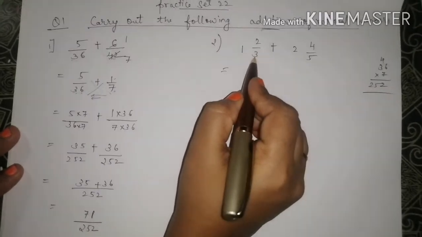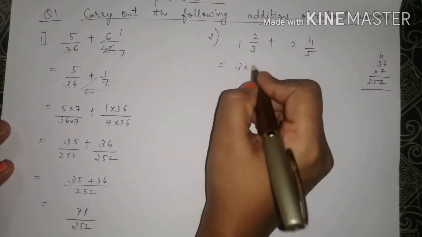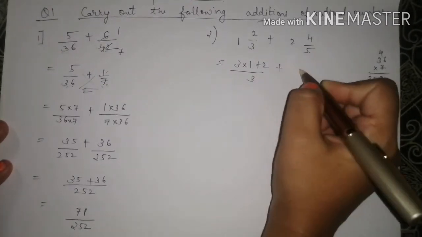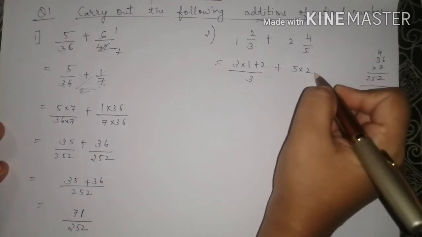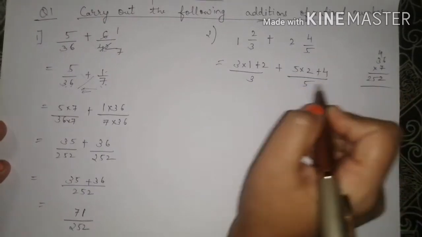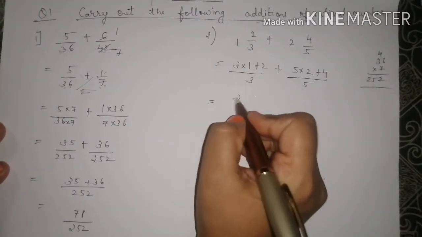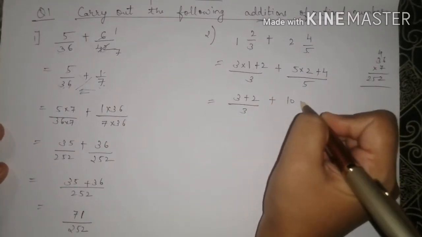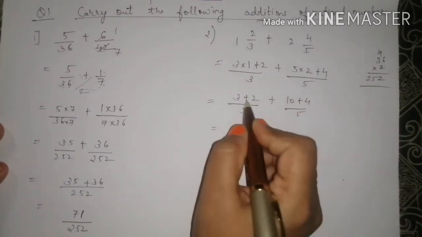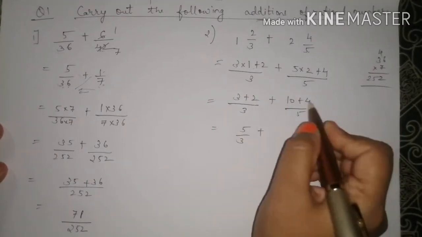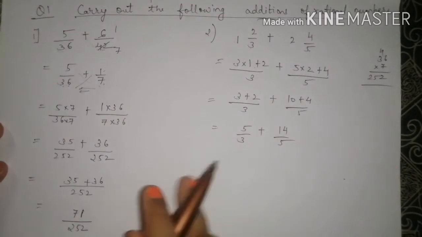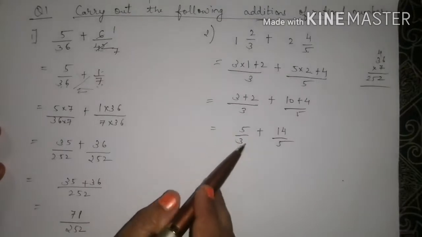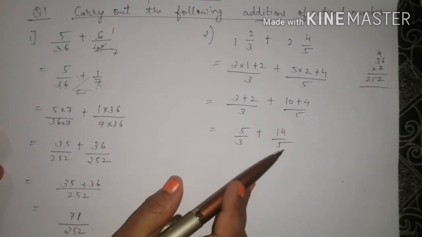How to do this? 3 multiplied by 1 plus 2, upon denominator 3; 5 multiplied by 2 plus 4, upon 5. So 3 ones are 3, 3 plus 2 is 5 upon 3; 5 twos are 10, 10 plus 4 is 14 upon 5. Now they have come in p by q form. This mixed fraction we have converted into a simple fraction, a rational number in p by q form.